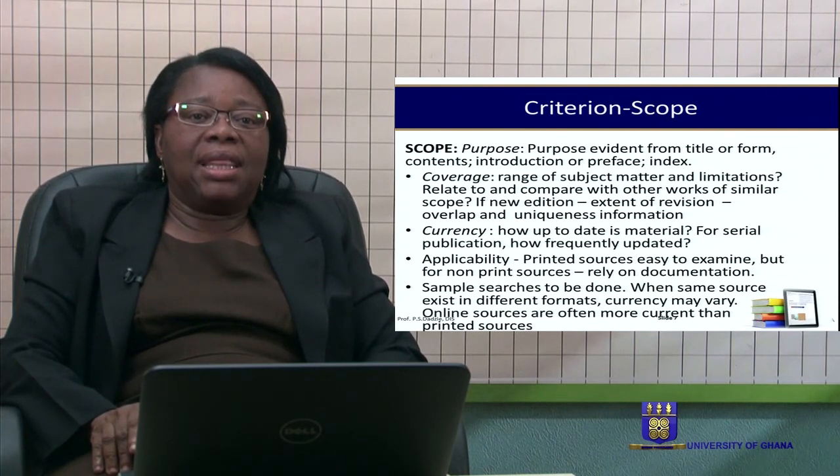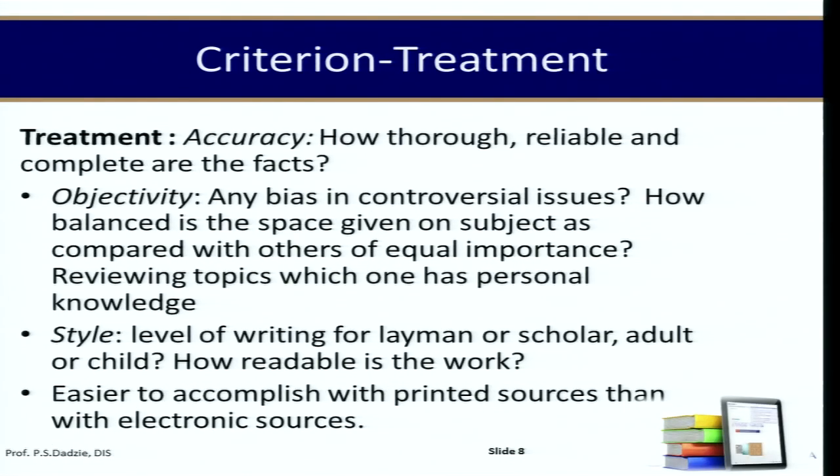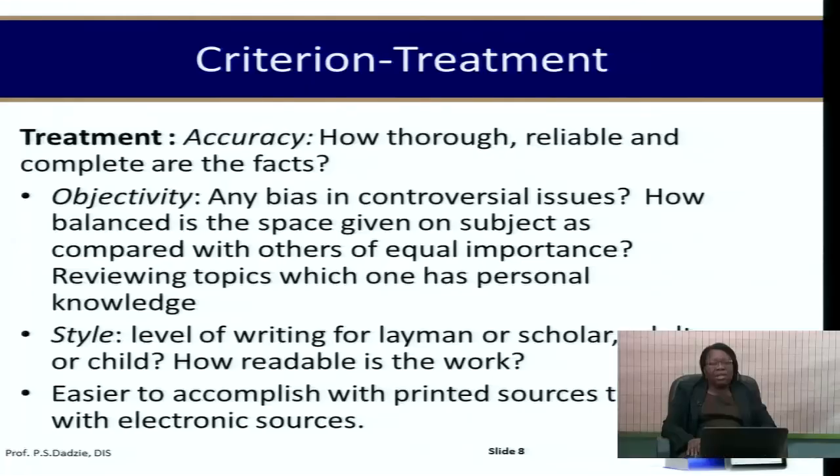Now let's look at the third criterion. That is the treatment. What do you mean by treatment? You need to look at the accuracy of the information contained in that particular reference source. How thorough is the information treated? How reliable is the information?